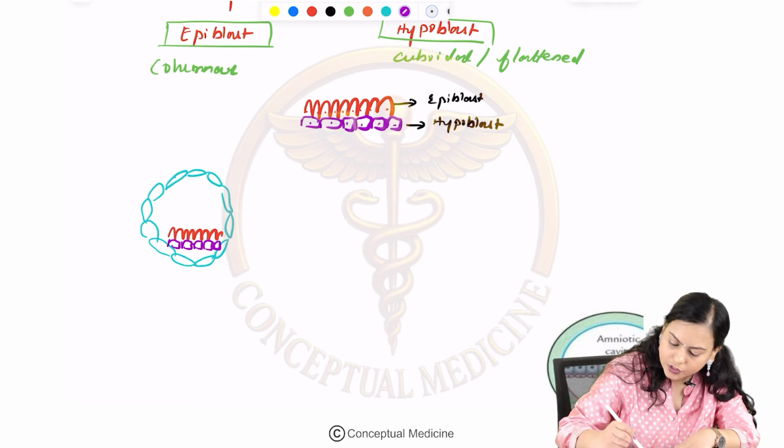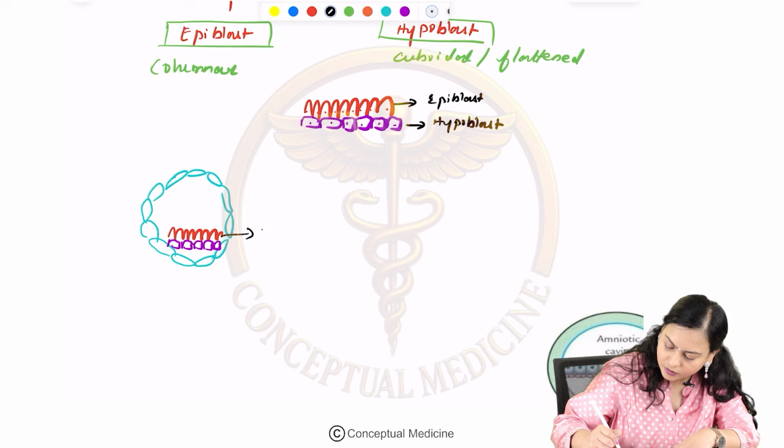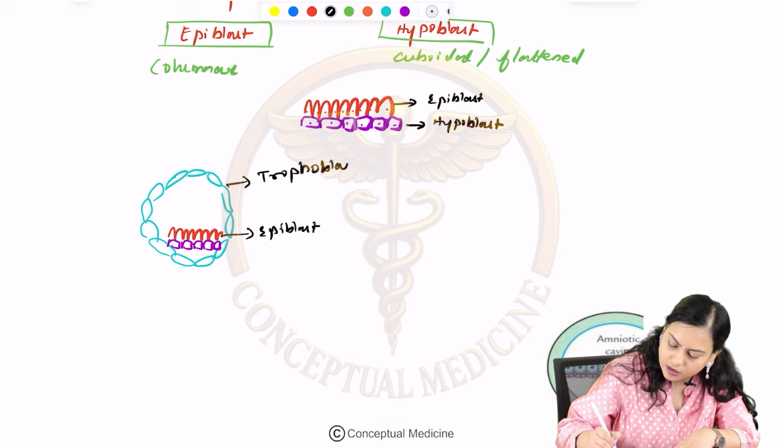So, the space between this epiblast and the trophoblast will be like a cavity, and this cavity will now be known as amniotic cavity.